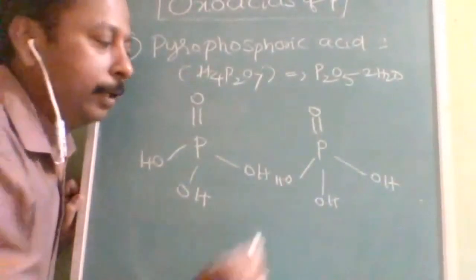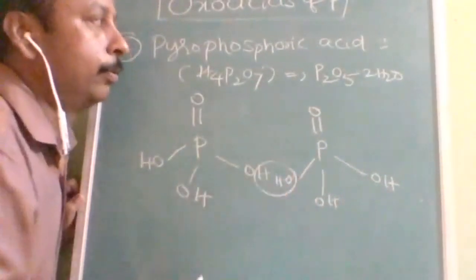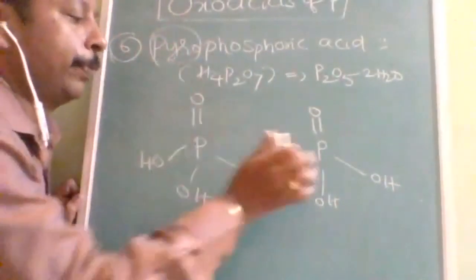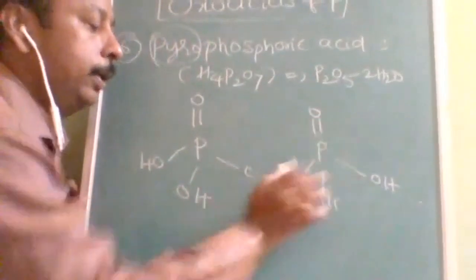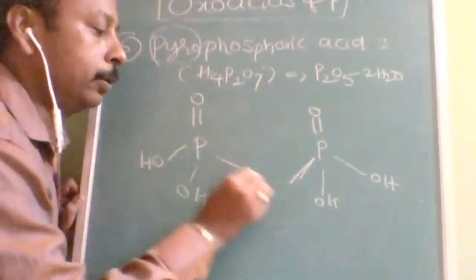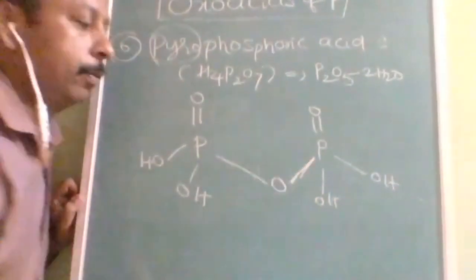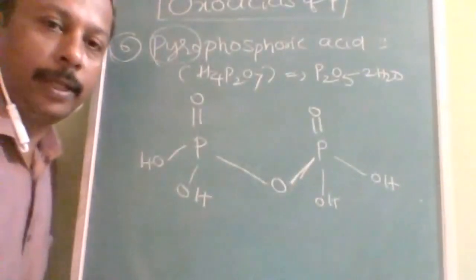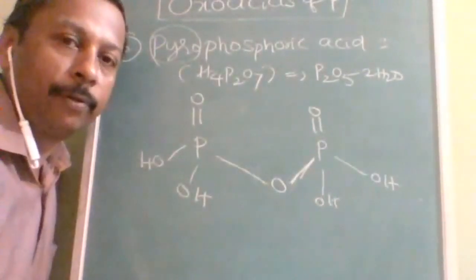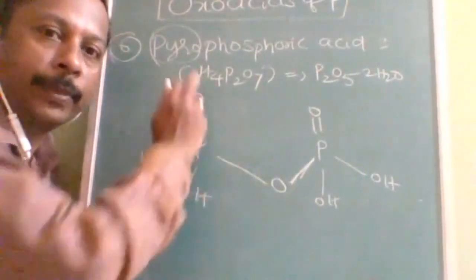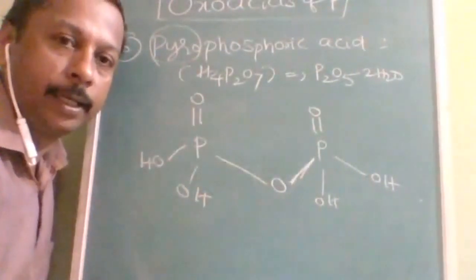One fine day, a water molecule was removed, then it becomes pyro. Pyro means anything which is formed by loss of one water molecule from two molecules. If from two molecules you remove one water molecule, this is called pyrophosphoric acid.